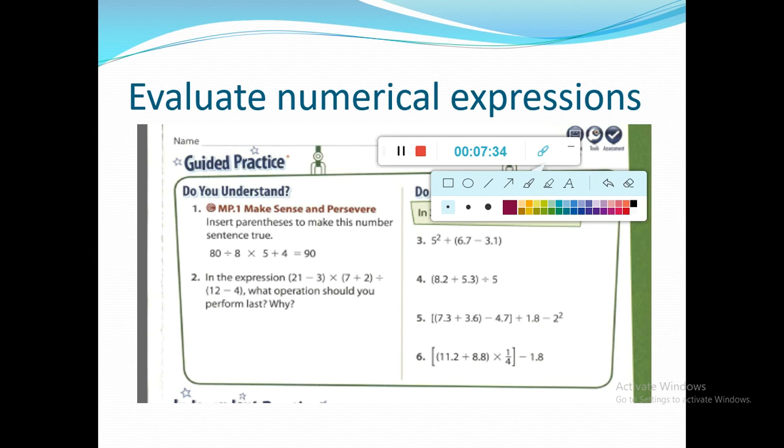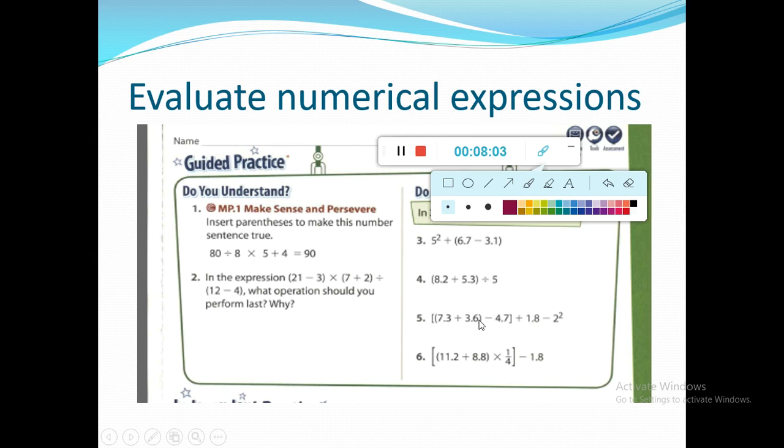Now let's go to a more complicated example, number 5. In number 5, we have parentheses, brackets, exponents, and many operations. So we have to think about it. First of all, we have to start with the grouping symbols, which are parentheses and brackets, from inside out.